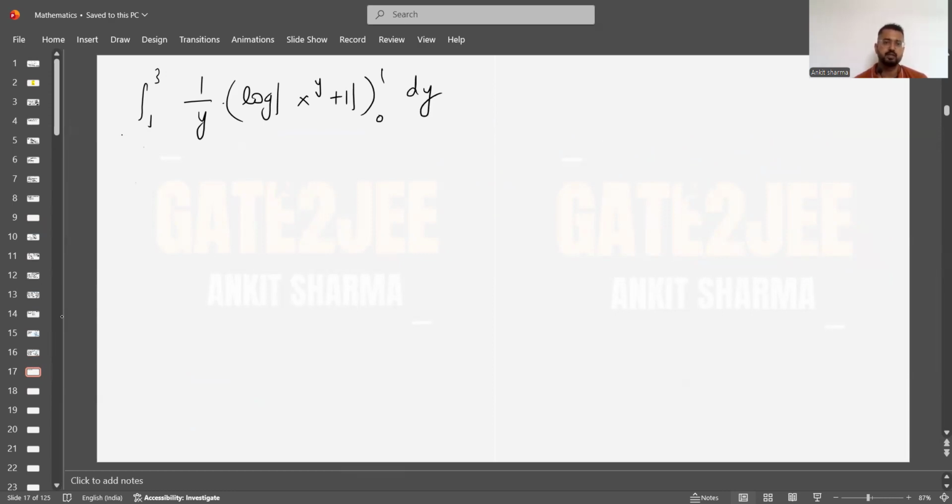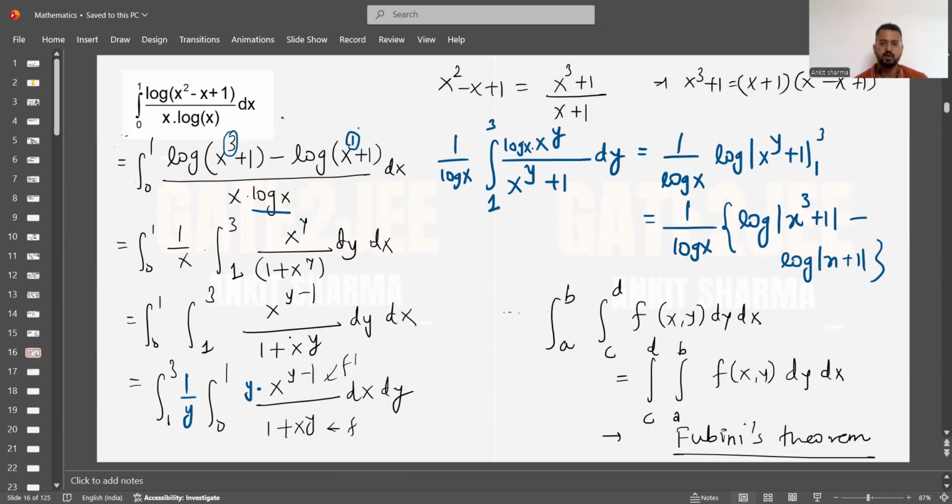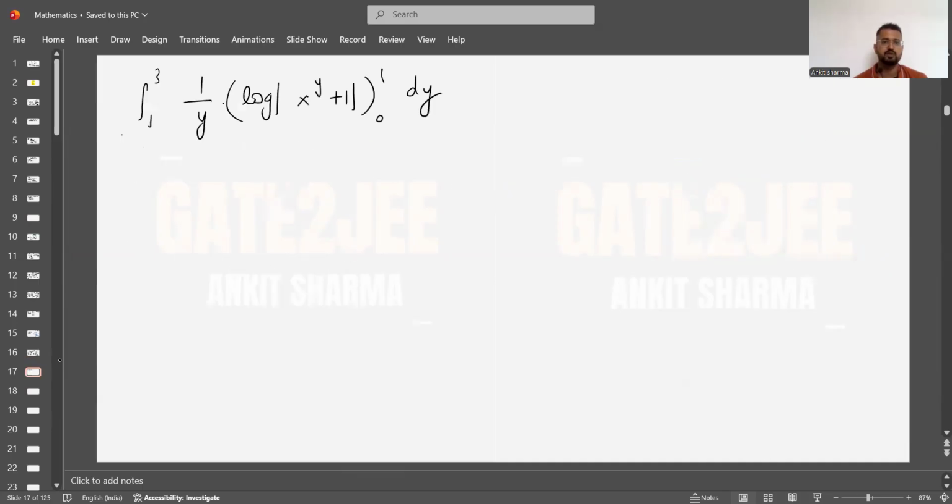Remember, this integral was with respect to x, so now I have to plug in the limits of x from 0 to 1. This integral goes from 1 to 3, 1 over y will be as it is, and then this becomes log of, plug in 1, log of 2. And when I plug in 0, I get log 1, which is again 0.